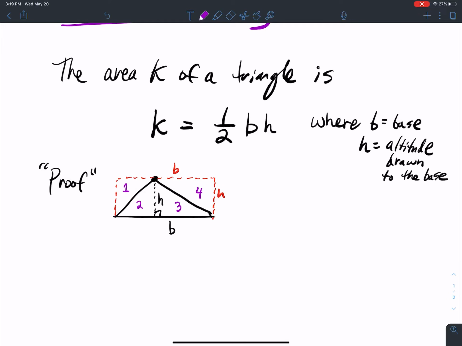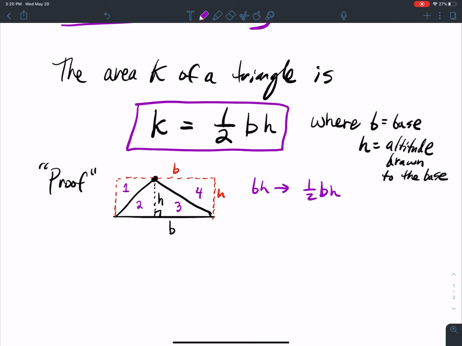Consequently, the area of the triangle with base B and altitude H is exactly half the area of the rectangle. So the area of the rectangle is BH, so exactly half of that is 1/2 BH. Kind of rinky-dink, but it's not that difficult. Area of a triangle, 1/2 base times height.